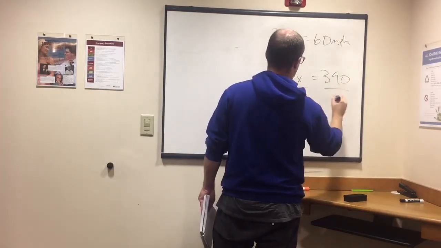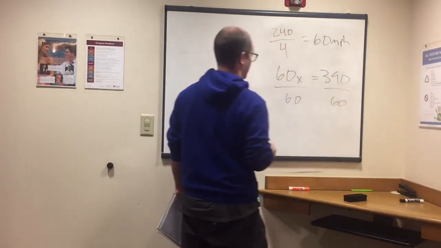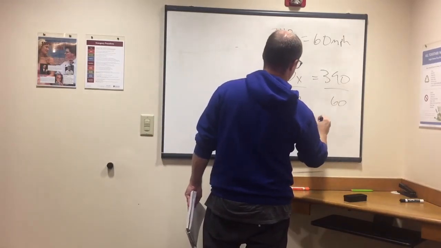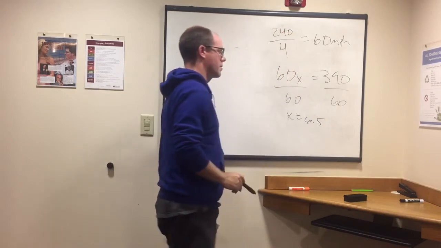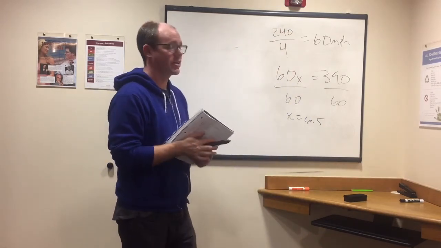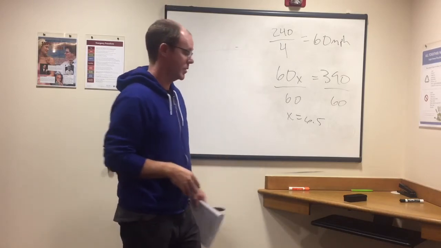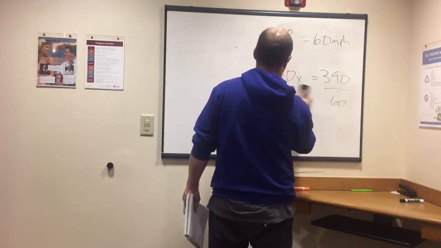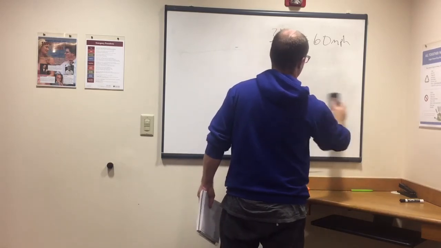Divide each side by 60, right? And that is 6.5, right? 390 divided by 60 is 6.5, so that's our answer, 6.5 hours. So go 390 miles, going at 60 miles per hour.